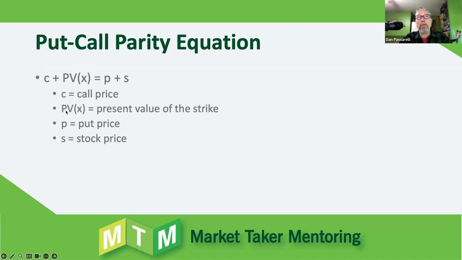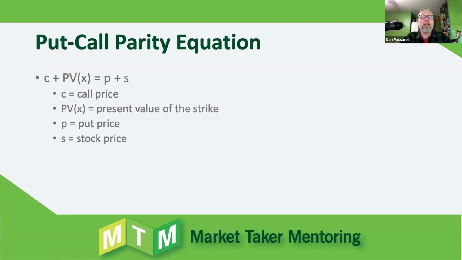The present value, PV of X, is the present value of the strike price. And if you never took a finance class in college, you might not have heard that phrase before, but we're going to clear it all up in a minute. P is the put price and S is the stock price.